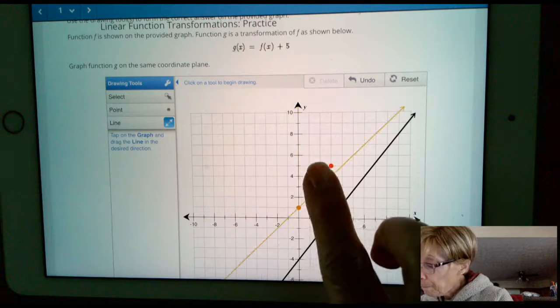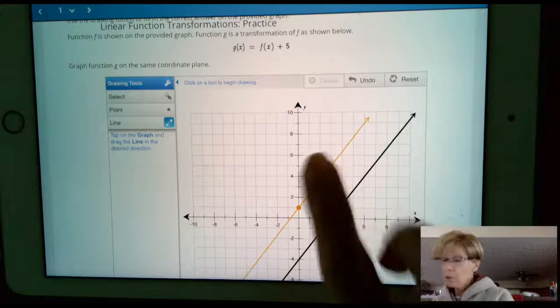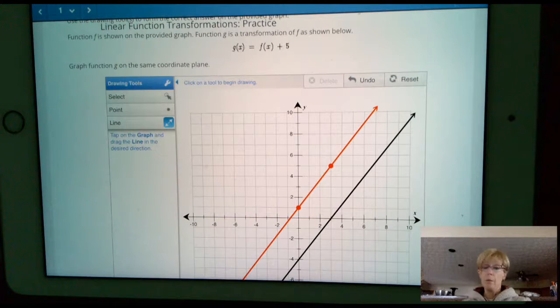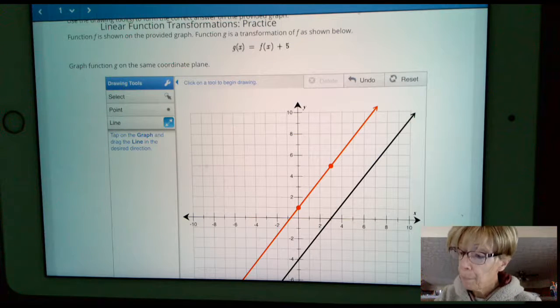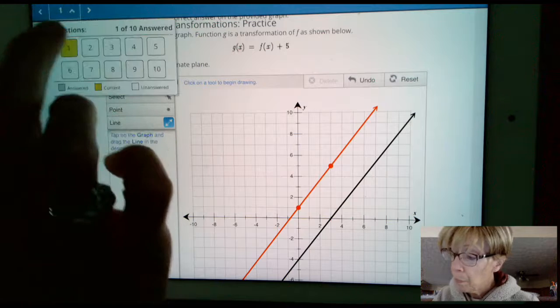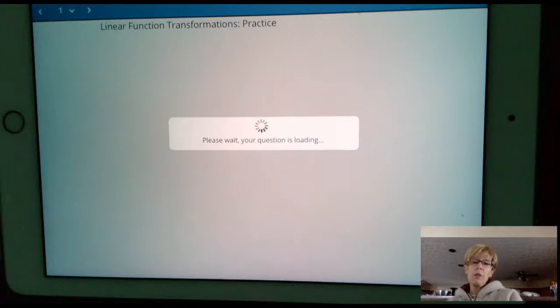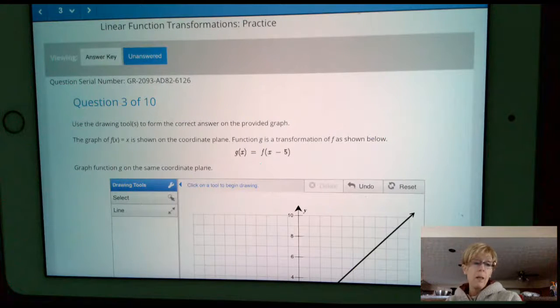Similar question here on number 3. The graph of f of x equals x is shown on the coordinate plane. Function g is a transformation of f as shown below. G of x equals f of the quantity x minus 5.